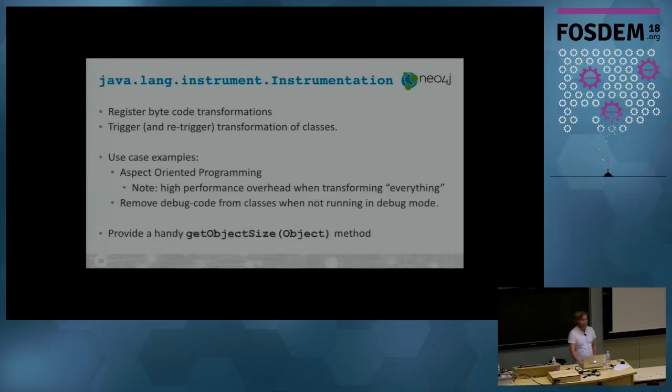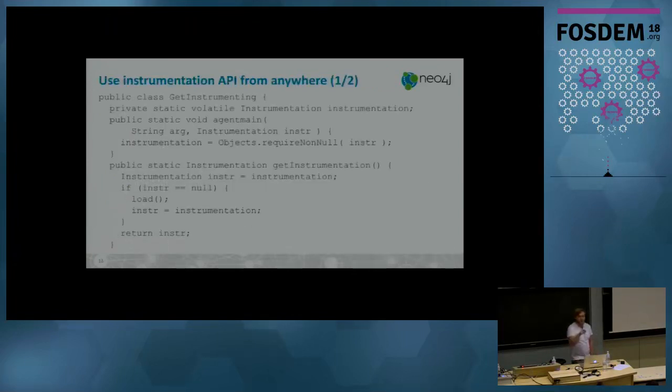Luckily, you can deploy an agent from the same JVM into the same JVM while it's running, and then via a static field somewhere, give yourself access to the instrumentation instance. So you simply write an agent class like this. I've compressed this heavily to fit it on 2 slides.